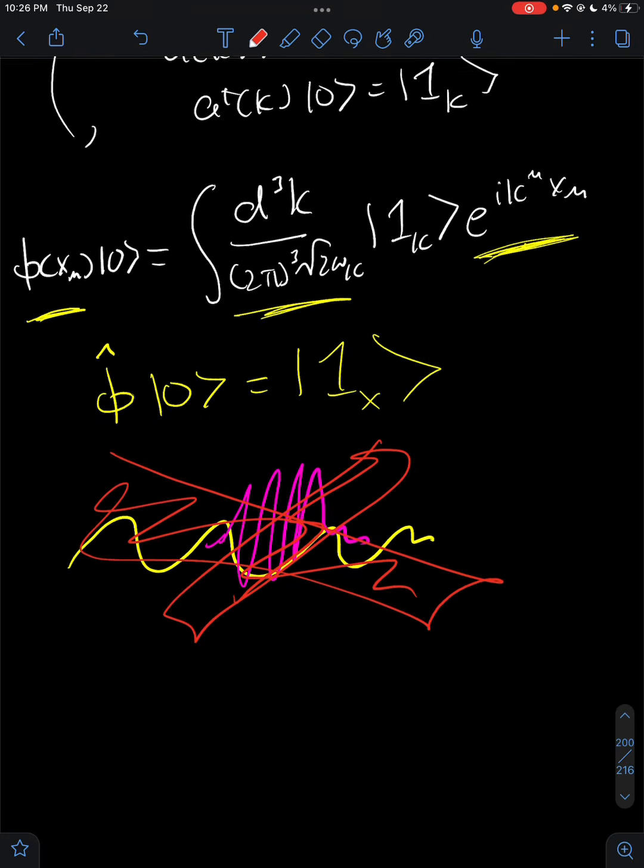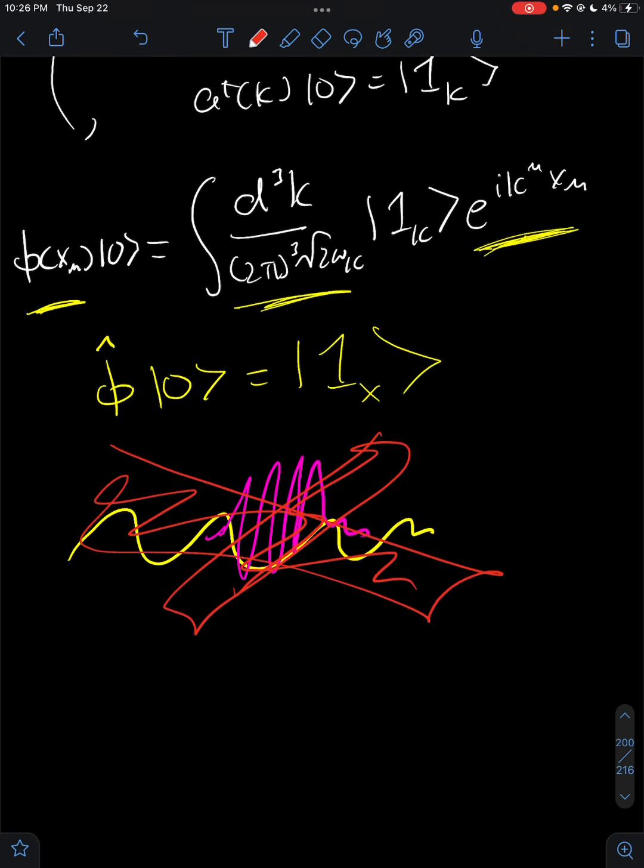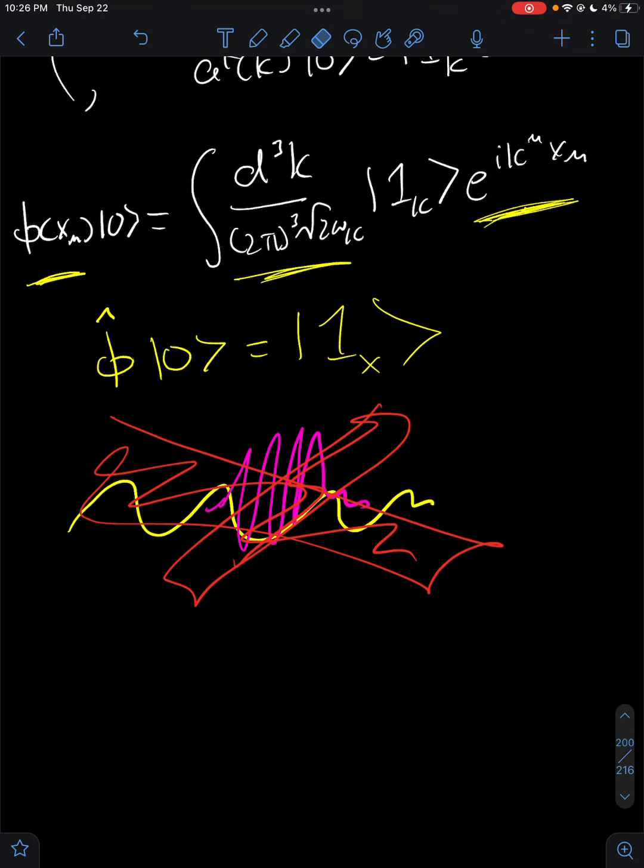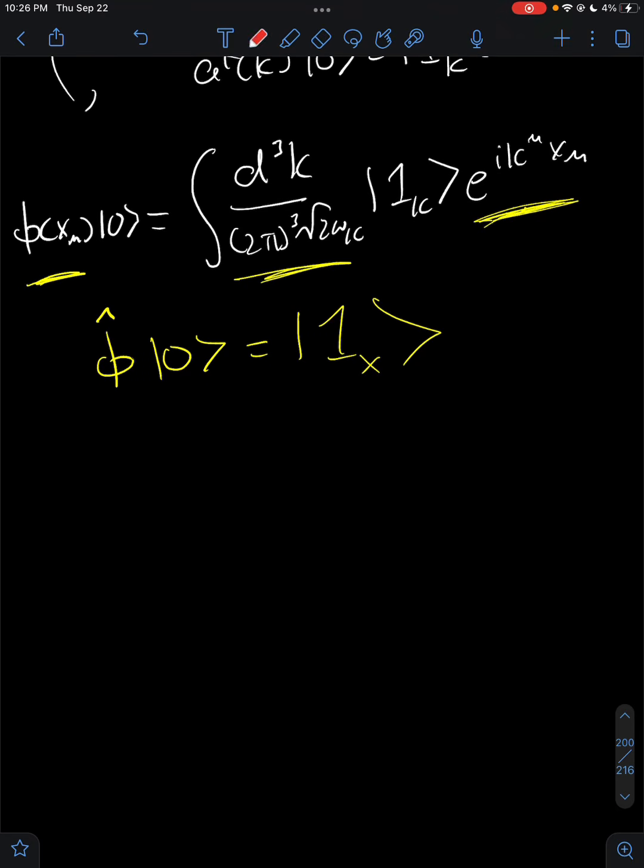People get this idea from what we've just discussed: from the fact that our field acting on the vacuum state gives us a particle state that is a position eigenstate. That's where they get the idea of field vibrations and fluctuations from.